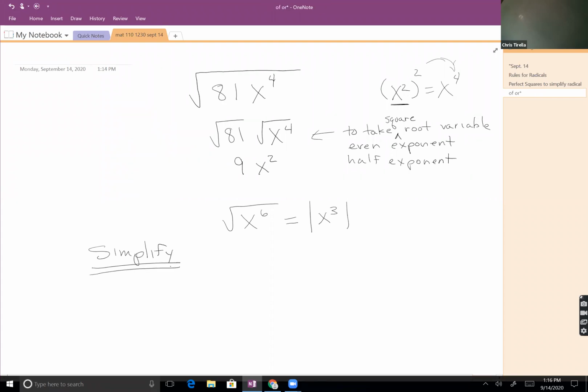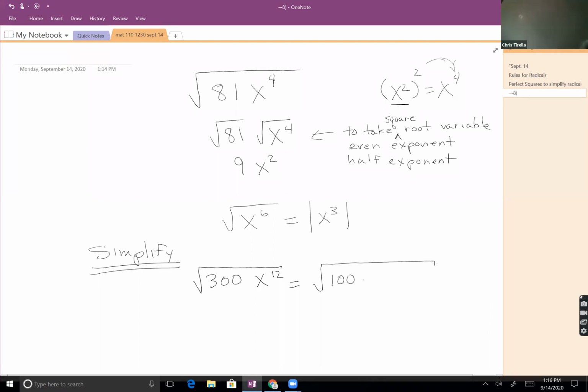Let's say I want to simplify the square root of 300x to the 12th. What perfect square goes into 300 evenly? 100 times 3.